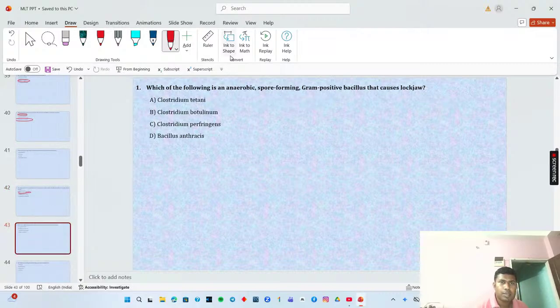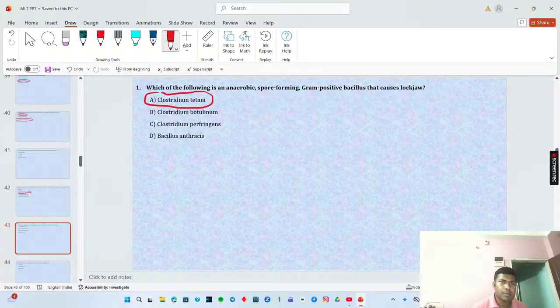Now the question is: which of the following is an anaerobic spore forming gram positive bacteria that causes lockjaw? Which bacteria causes lockjaw? The answer of this question will be Clostridium tetani, because it is an anaerobic bacteria.